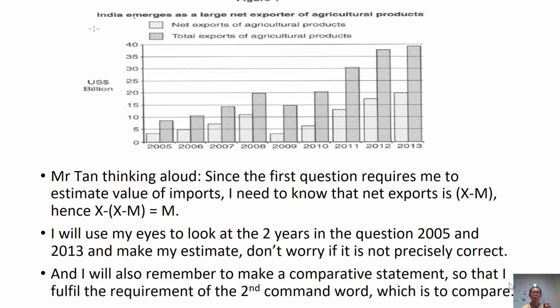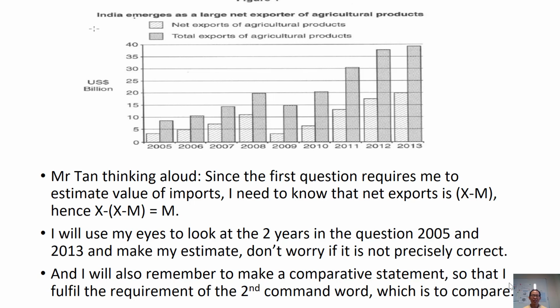That's why the question puts estimate. They are aware that not all of us have that great eyesight, so there may be some parallax error, but don't worry. So zero in on 2005 and 2013, get the estimated value based on the y-axis, and then you make your estimate. Don't worry if it is not precisely correct.